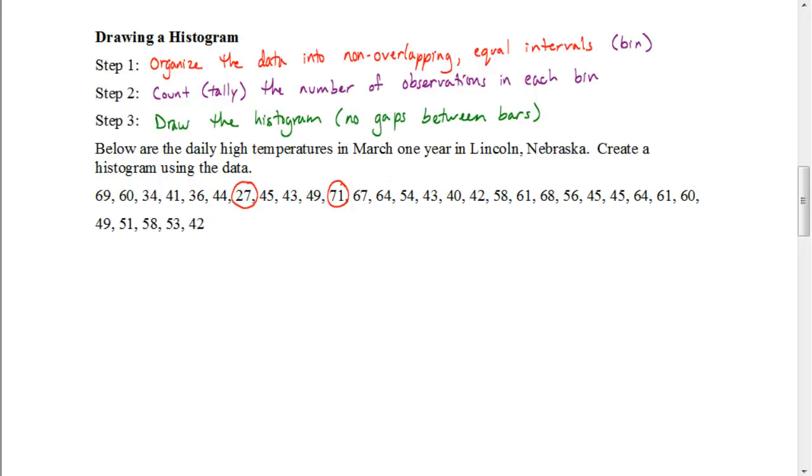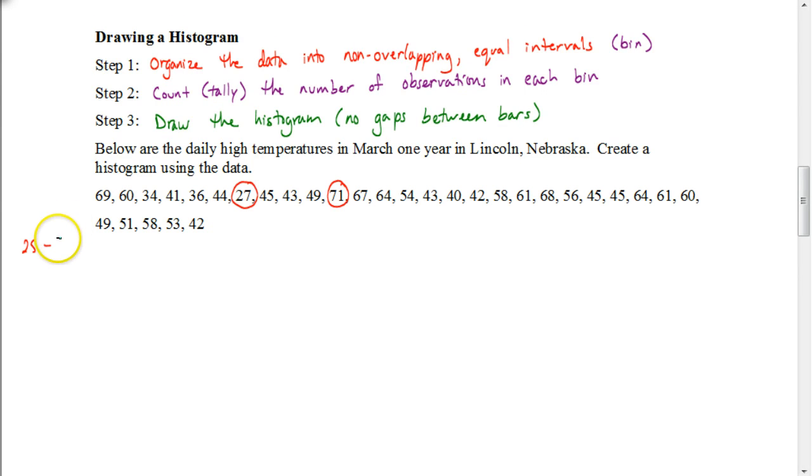So what I'm going to do is create bins of size 5, and I'm going to have my first bin start with 25. I'm going to do this over here. Now if I have a size 5 for my bin, it's not going to go from 25 to 30 because we're including 25. If you count on your fingers, 25, 26, 27, 28, 29 will be my first 5 numbers.